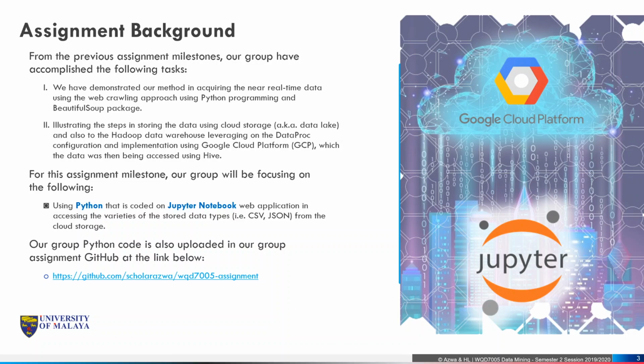However, in this milestone 3, what we're going to demonstrate also is how we're going to change. Instead of using the Dataproc that we set up using the data warehouse on the GCP platform, we're going to use a different method that will save us from utilizing the free credit that we are entitled to use for this academic purpose.